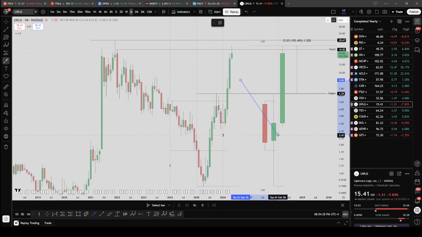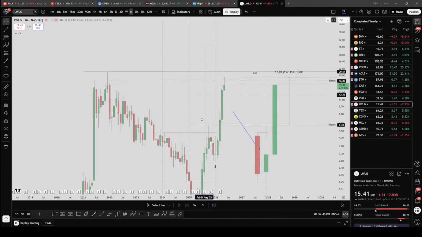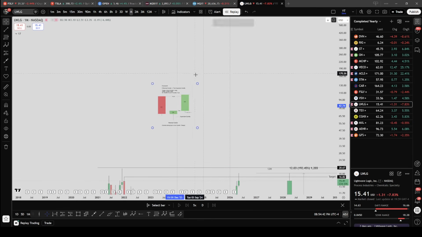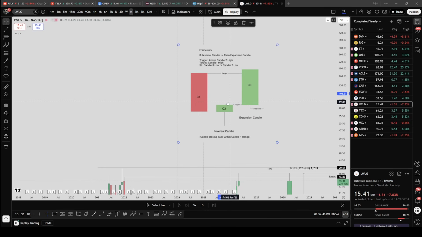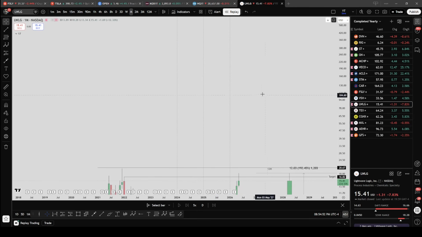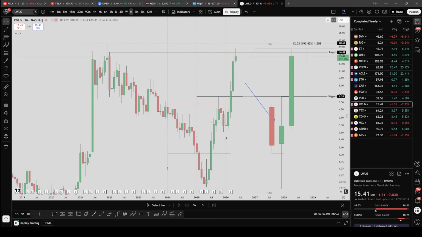The best reversal candles or C2s are when there's no top wick or a very small top wick, and if it's green. I'm not saying that red C2s can't be used, but the perfect one would be like this, right? I know it's just a blueprint, but the perfect one would have no top wick and just a flat top. But we can't always get that. I'm just telling you, it's going to be easier price action.